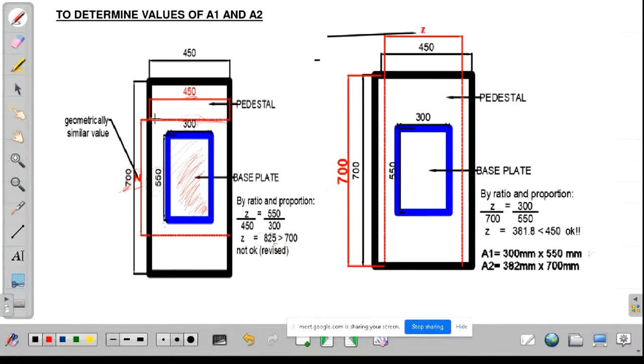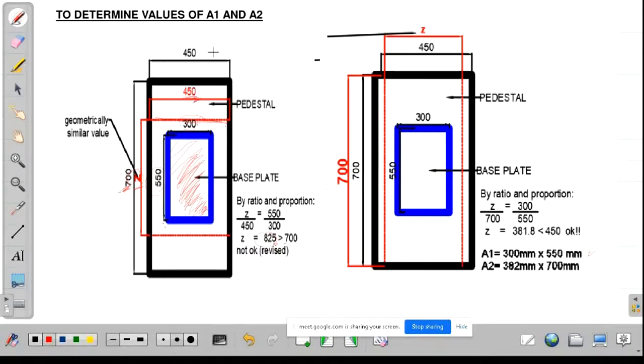So, pag hindi siya pasok dito, i-revise mo, kukunin mo full width or full length. So, pag ni-revise mo, yung kukunin mo full dimension, so pag ang kinuha mong full dimension is yung width, hindi siya pasok.